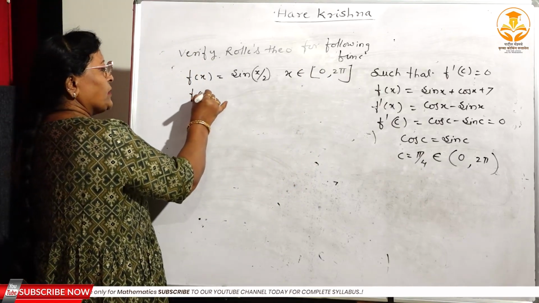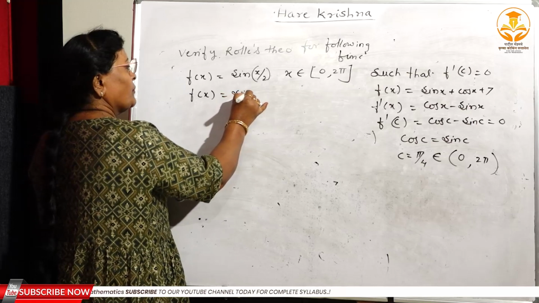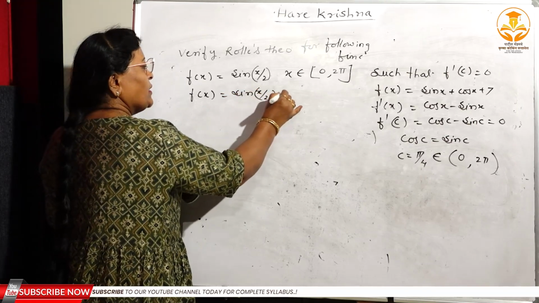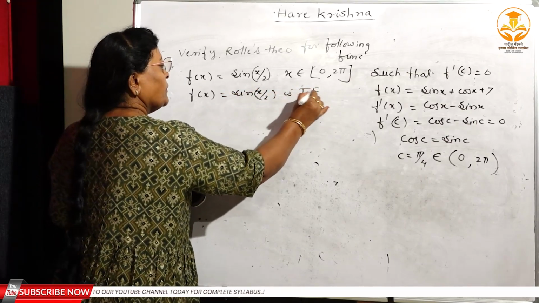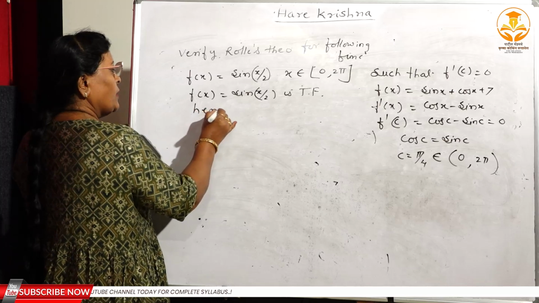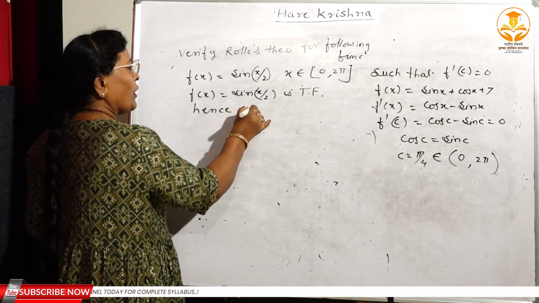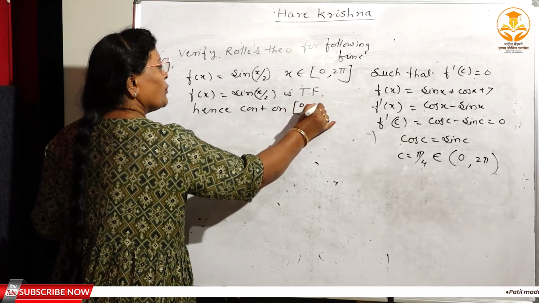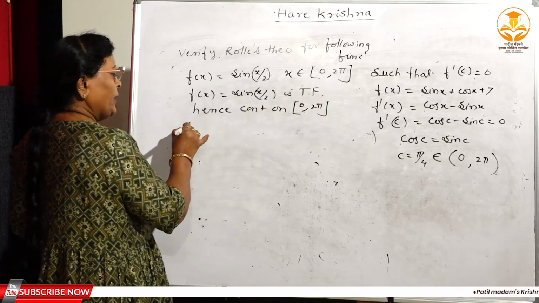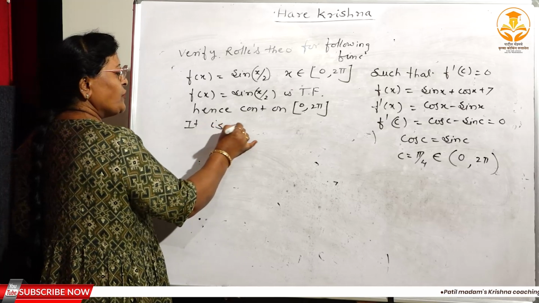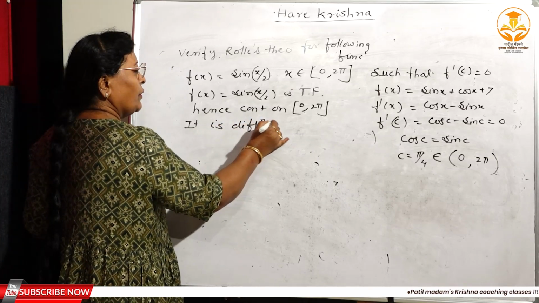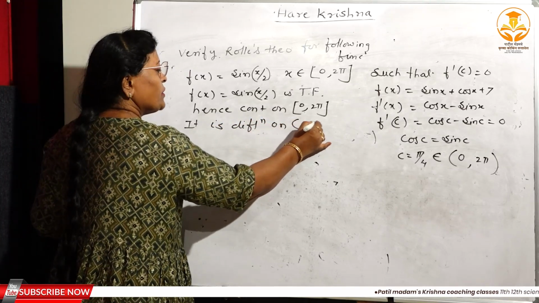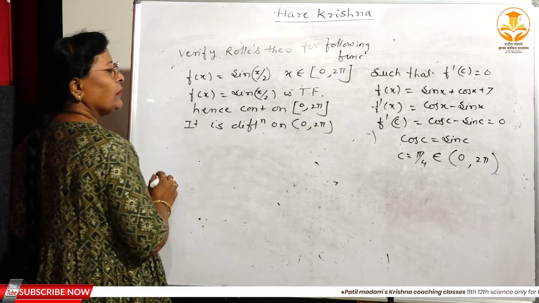Again f of x is equal to sin x by 2 is a trigonometric function, hence continuous on the closed interval 0 to 2 pi, isn't it? It is differentiable on the open interval 0 to 2 pi, right?